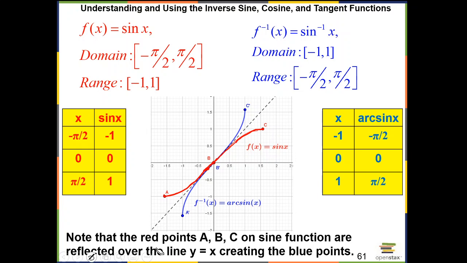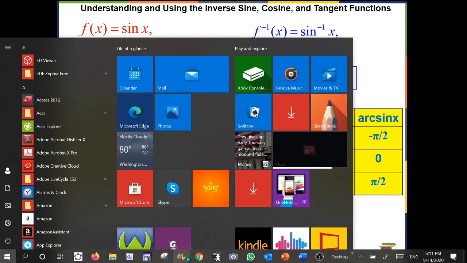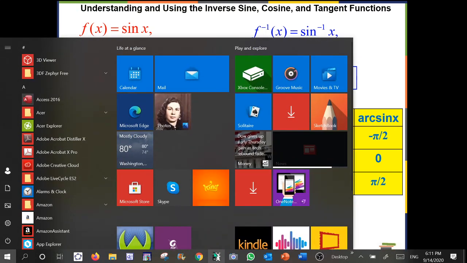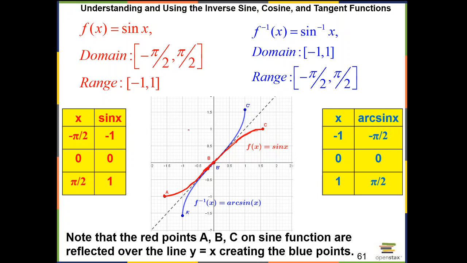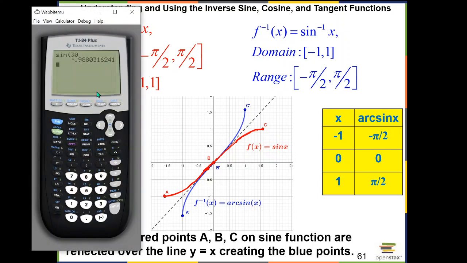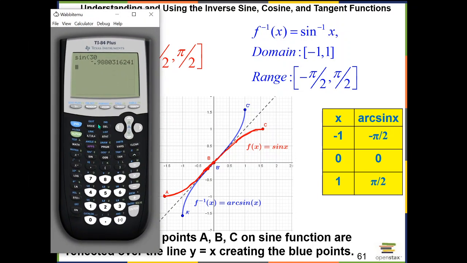Now, if you think about it, close to 0, the sine of an angle and the angle are very close to each other. Let me do it for you. So if I go to mode radian, I'm in radian already.